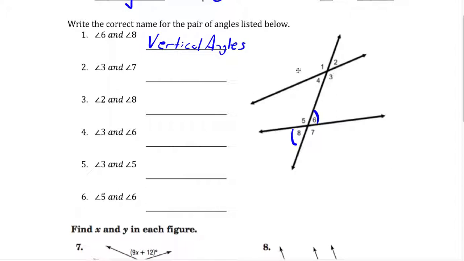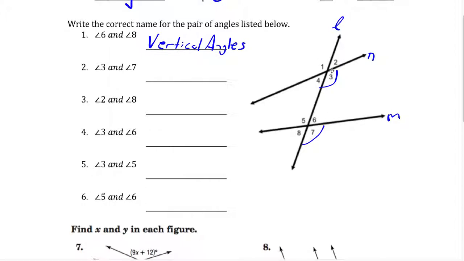Angles 3 and 7, notice that, if I label these, let's say that's N, that's M, and this is L. L acts as the transversal. Now, even though N and M are not parallel, we still have 3 and 7 being in the same position for each intersection.